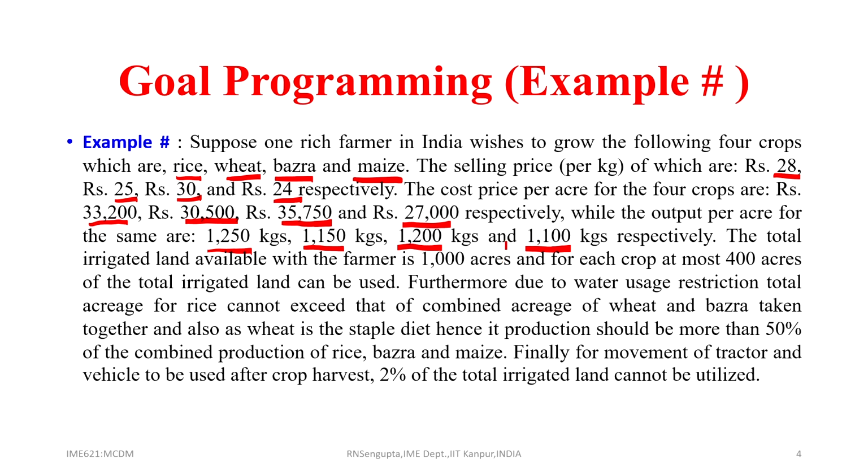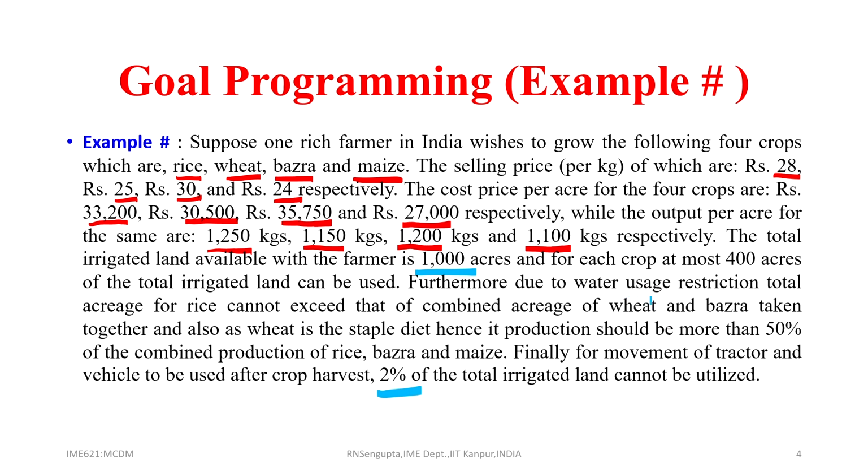Based on that, we already have the information that the total acreage is 1000, 2% of that cannot be utilized, and the crops have to be produced in positive quantity, either 0 or more than 0. And also there were 2 other constraints depending on the area where the person is growing the crops.